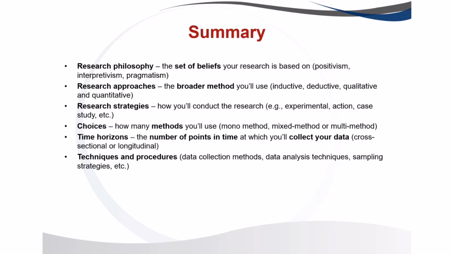The broader method you'll use is your deductive, inductive, and also abductive. And all these research approaches align themselves to the different types of research methods. For example, if you have an inductive, definitely it needs to align to qualitative method. Deductive is going to align to quantitative method.